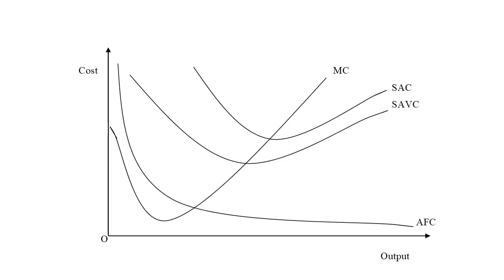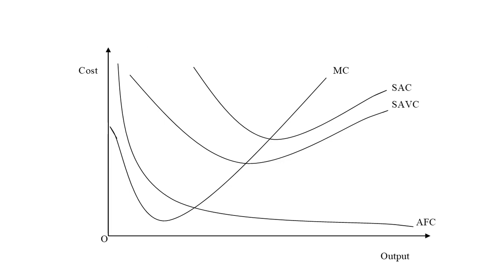The same way, marginal cost cuts the short run average variable cost at the minimum point of the short run average variable cost. So the marginal cost curve touches these two curves at their minimum.